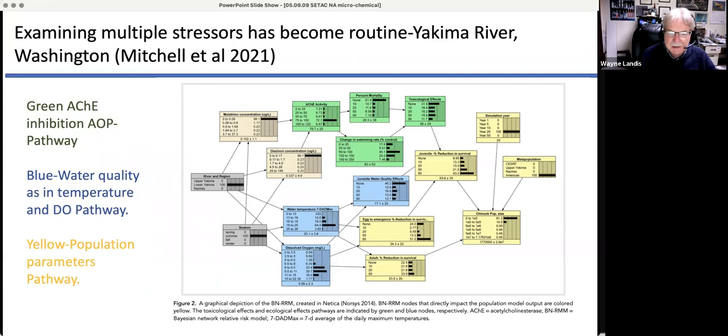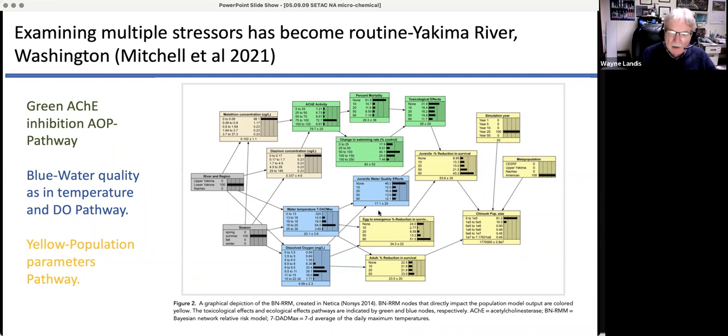We've done this lots. This is a paper by Mitchell et al. 2021, where we actually look at different kinds of pathways. The green here is the organophosphate, mostly the organophosphates in this particular case. They're working on acetylcholinesterase activity and depressing it. The blue are water quality parameters, which again can have effects.